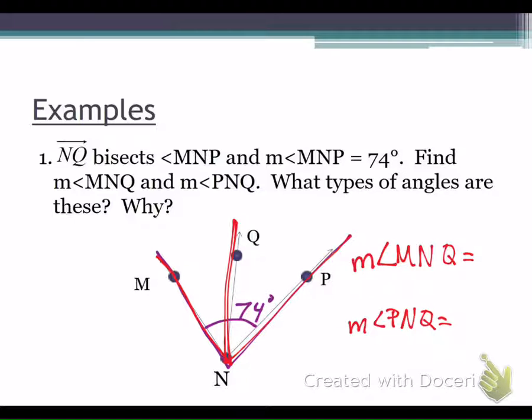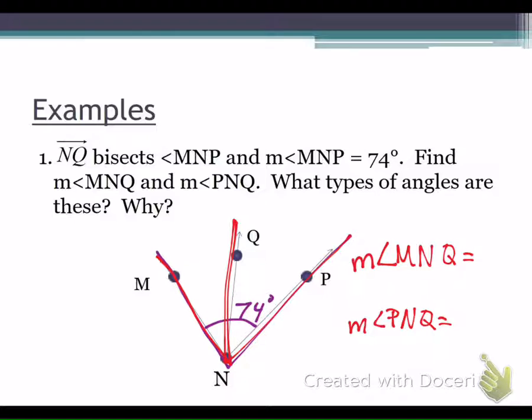All right, so if the whole thing is 74 degrees and I cut it into 2 equal parts by bisecting the angle, how big would each of those smaller angles need to be?